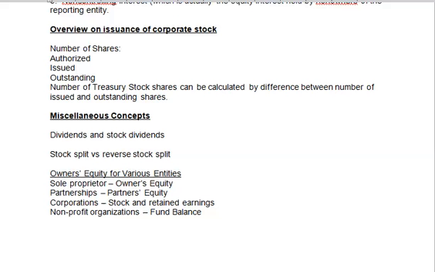So the equity section is just called a fund balance, and they may have different types of funds, but it represents the equity interest for the nonprofit organization. More often than not, it'll just be a general fund balance, and that keeps the balance sheet in balance, and it shows the accumulated earnings of the nonprofit organization.